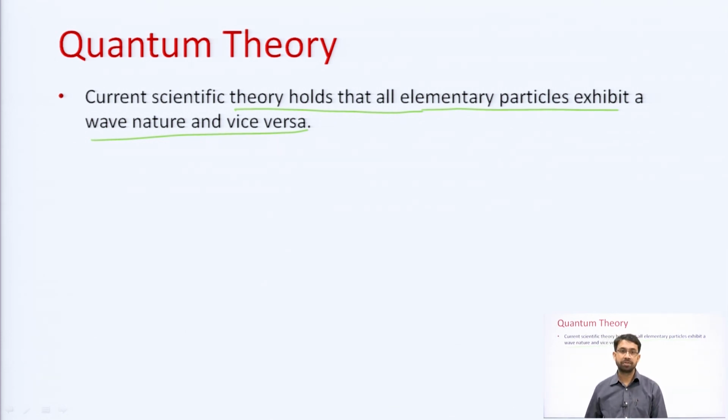So, sometimes they act as waves and at other times they act as particles. Okay. So, this is the dual nature of light, duality of light. This was all about the theories of light: particle theory, wave theory, electromagnetic theory, and quantum theory. Thank you.